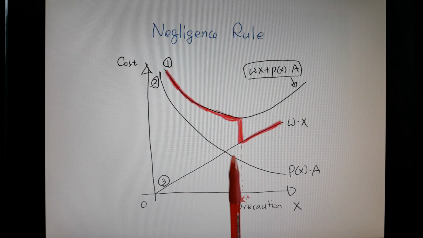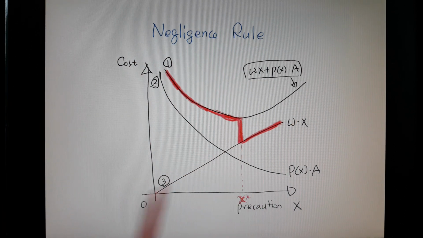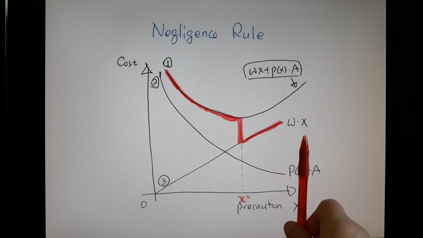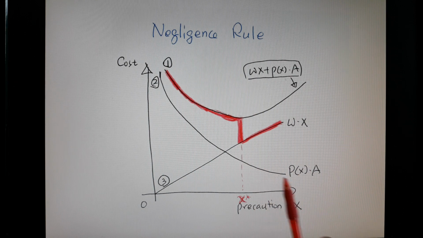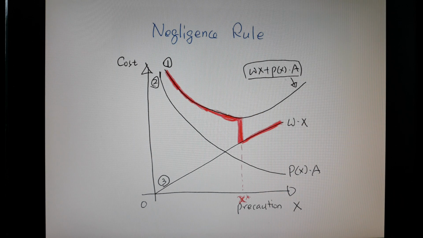Second, if the negligence rule is the name of the rule, once again, the graph would not look smooth anymore, because if the injurer is careful enough, it is no longer responsible for the damage from the accident. So it drops suddenly at X star, therefore X star would be chosen.